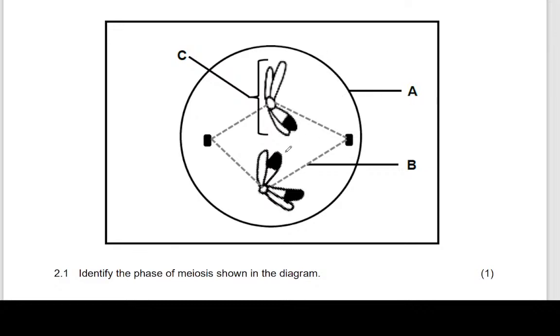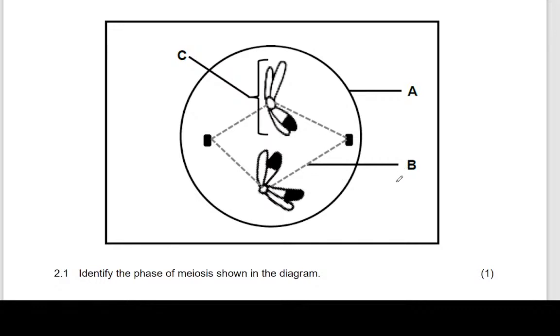You can't say nuclear membrane, because you can only see it during interphase and prophase, and towards the end of prophase the nuclear membrane is disappearing. You also see it in late telophase, but we don't talk about that here. Then we have the spindle fibers.